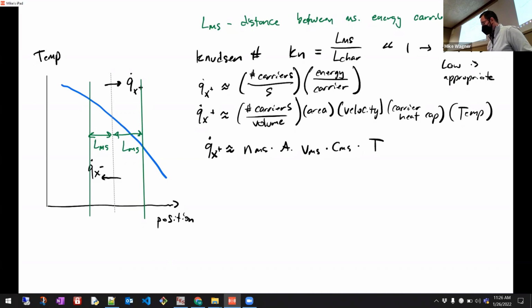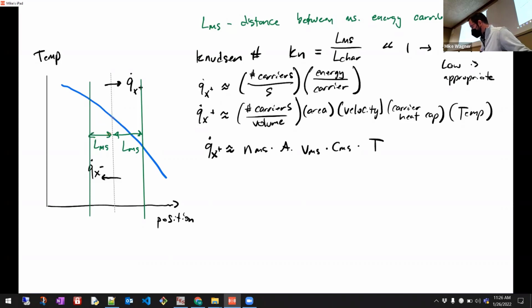Looking over here, we're at this boundary. If we have heat flowing in the positive x direction, where is the interaction going to happen immediately before they cross over? The interaction is happening here, at a distance L_ms, and the energy carrier moves in this direction and ends up crossing over the boundary.